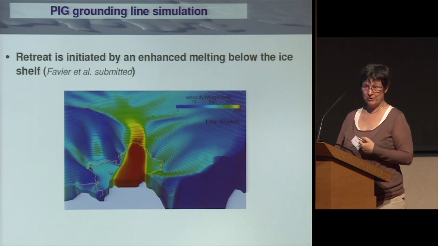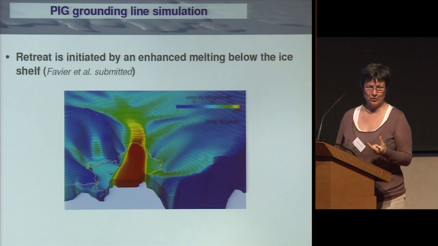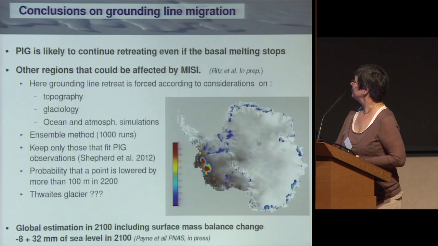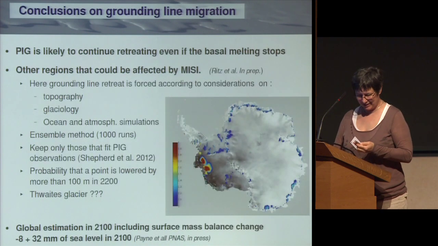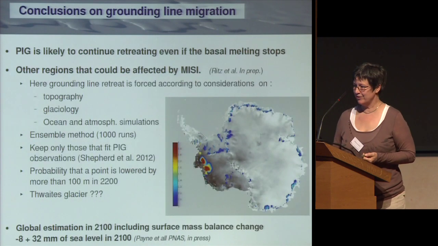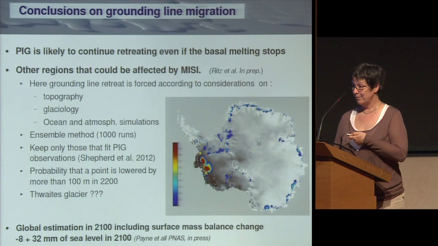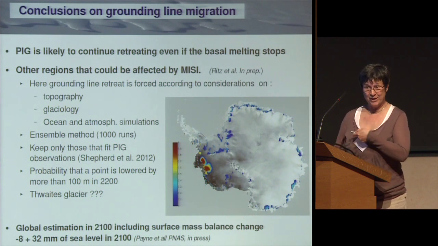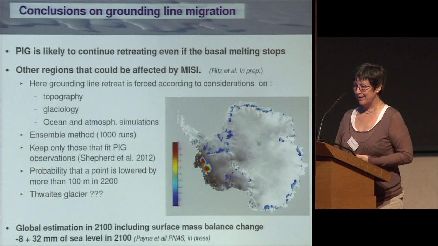This simulation has been done with the two best models I know, and they get exactly the same results. So the conclusion is Pine Island Glacier is likely to continue retreating. Even if the basal melting stops, you cannot make it advance again.